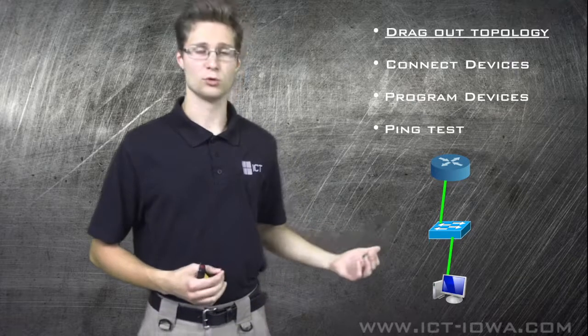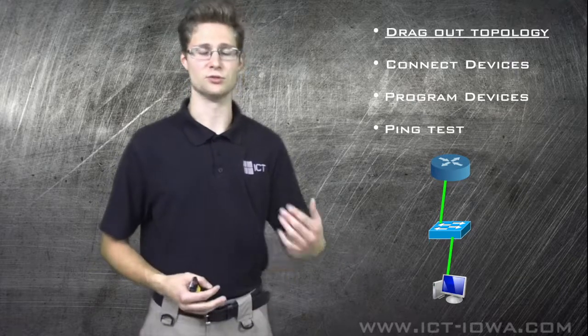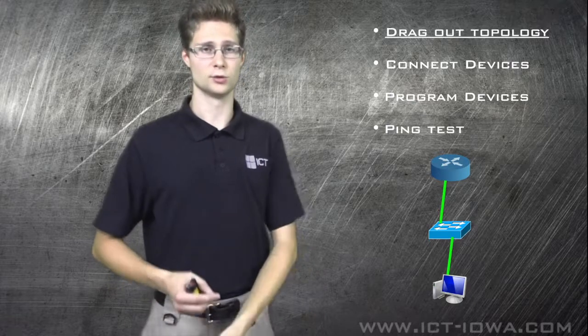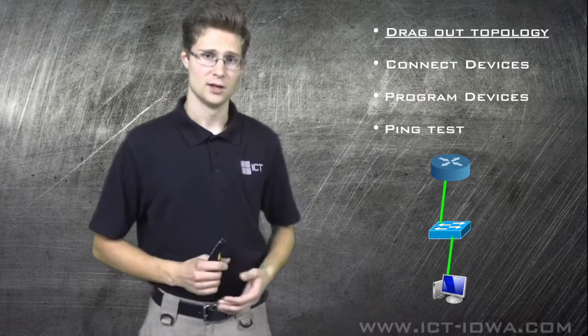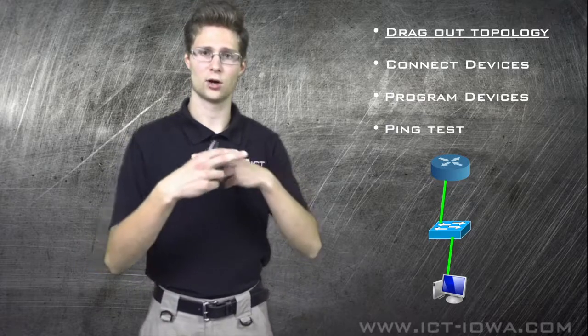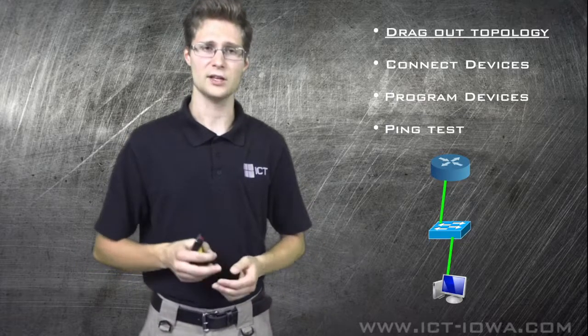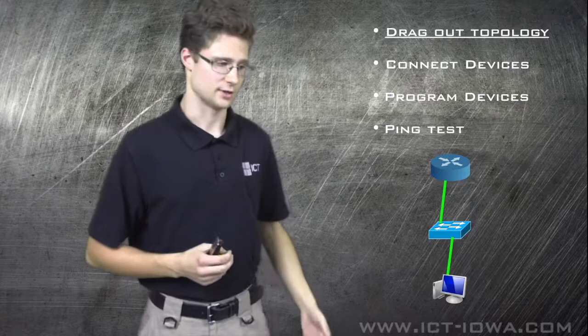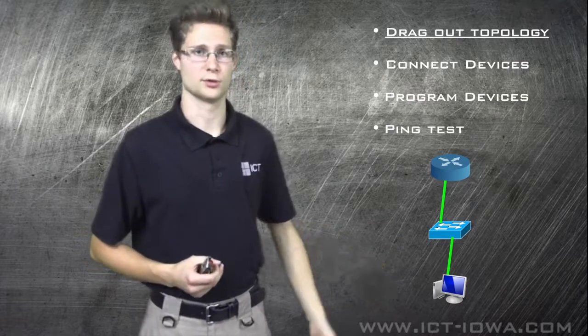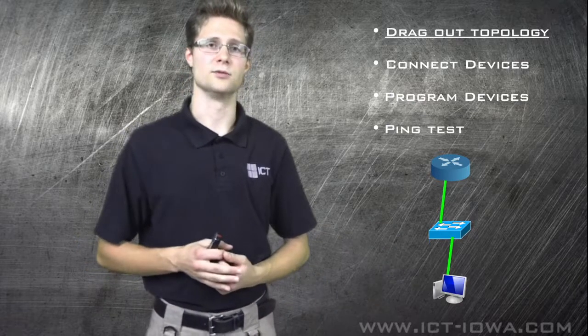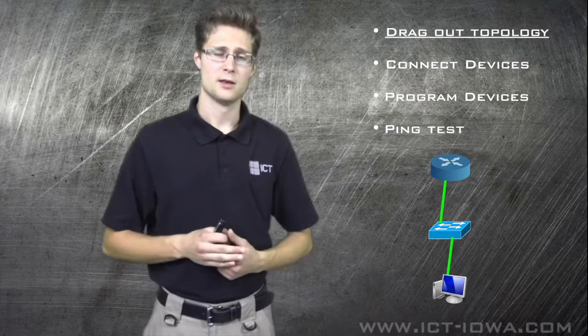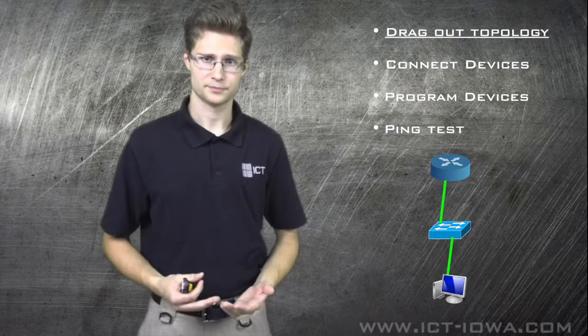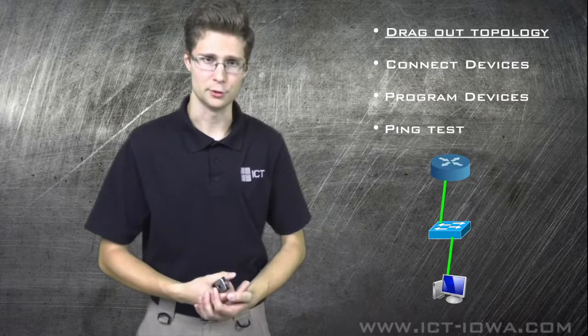You're going to see these symbols over and over again in textbooks and videos and topologies, so it's important to get used to them. That shoebox there with the arrows kind of crossing each other going out is a switch. And then we just have a PC picture there for the computer. And these are connected via those green lines. Those are Ethernet cables.